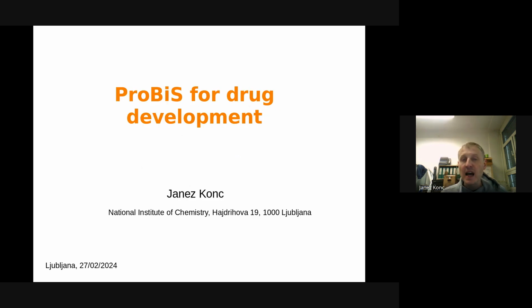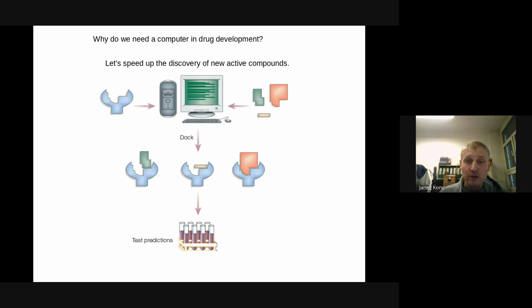That's gonna take some time, and then we are going to have some hands-on experience, if possible, with the usage of our tools. So why do we need a computer for drug development at all? This is because we want to speed up drug discovery of new active compounds.